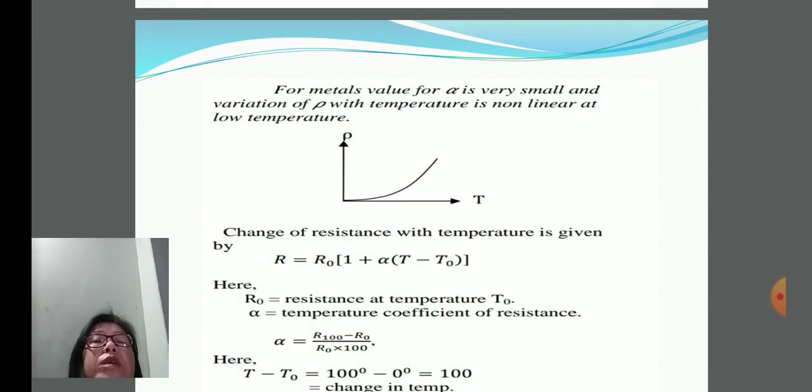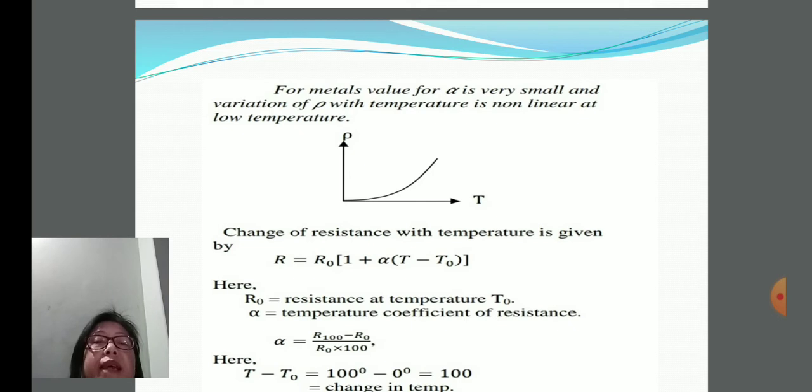The graph I am drawing here, you will get a graph of this form. For metals, like good conductors such as copper, the same graph will be obeyed. It's non-linear. In your NCERT text also, you are asked to draw a graph showing the variation of resistivity with temperature for copper. So you will get a graph as shown here.